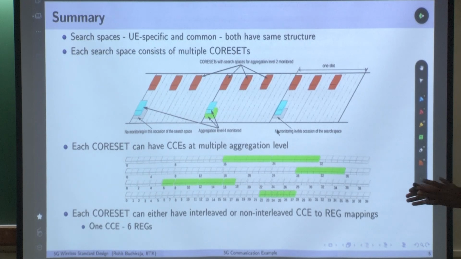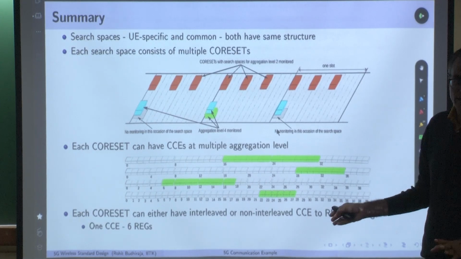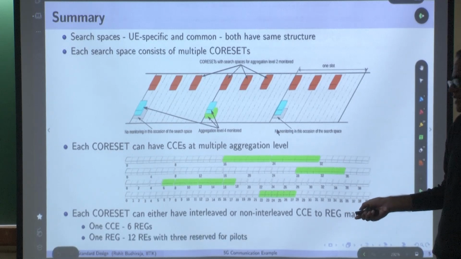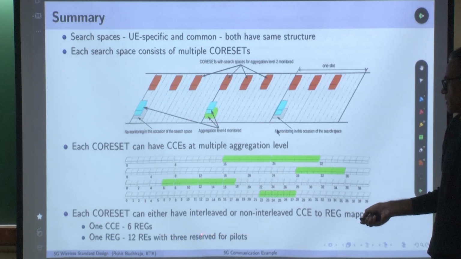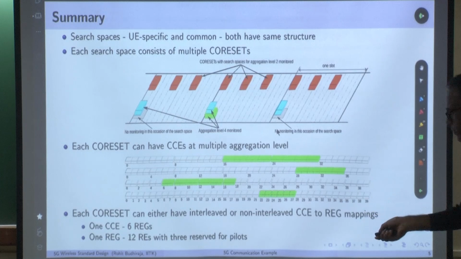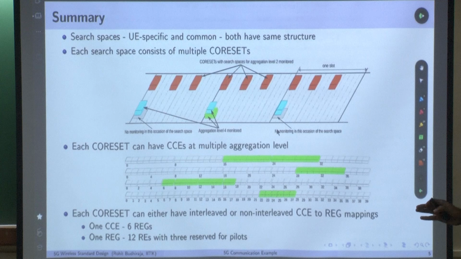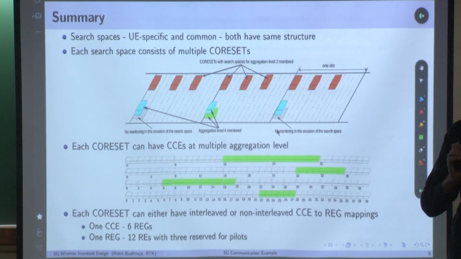And just to conclude, one CCE is 6 REGs, and one REG contains 12 REs with 3 of them reserved for pilot. We started from here and then learned about all this. So this is our CORESET design and the restrictions imposed by the standard so that the user can decode its PDCCH within the maximum number of attempts.